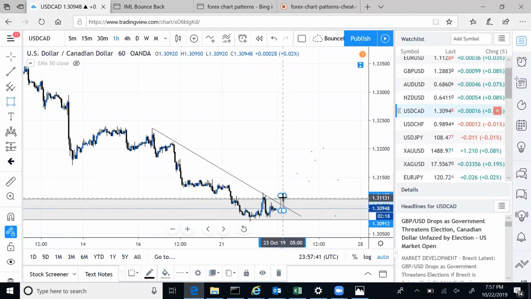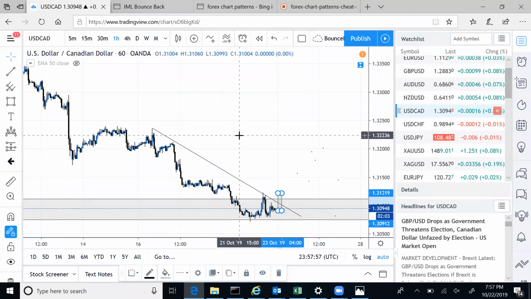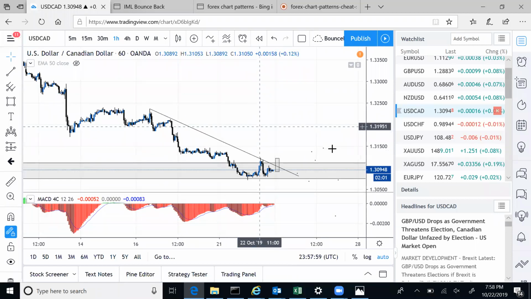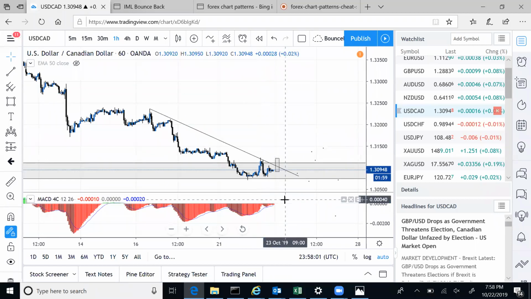Enter once it has actually come out of that area. You want to make sure you have a solid body candle breaking the trend line as well as your support zone. It needs to break above, and then likewise your MACD needs to cross, right?